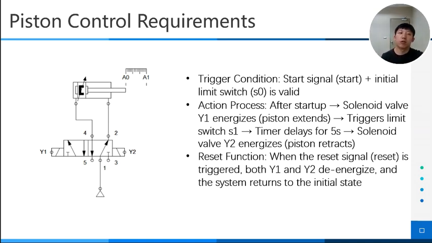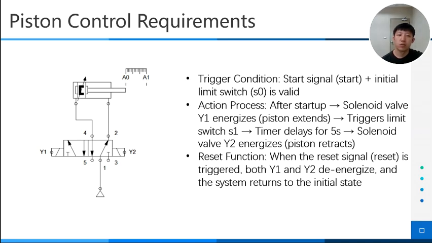Now let's talk about the piston control rules. First, the trigger condition. The start button and the limit switch S0 must work at the same time to start the program. Then, the action process after starting: solenoid valve Y1 turns on and the piston extends.